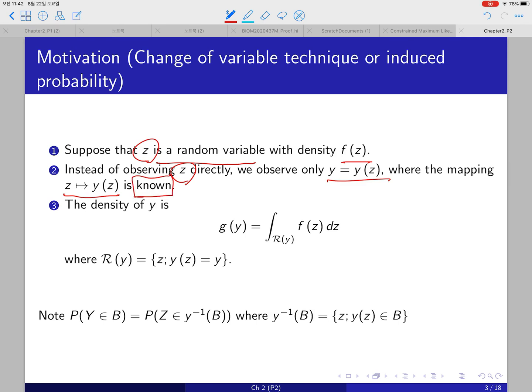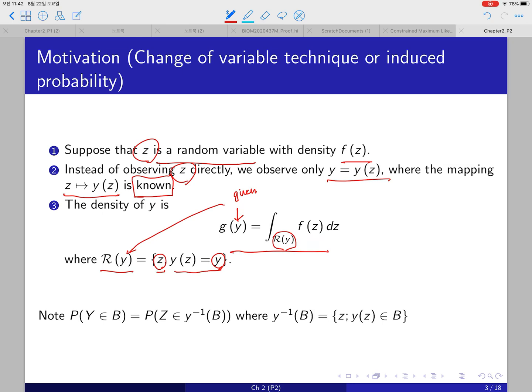Then it turns out that the density is this one, where R_y is the set of z such that y(z) is equal to the given y. This y is fixed, then for that given y, we find z such that y(z) is equal to y.